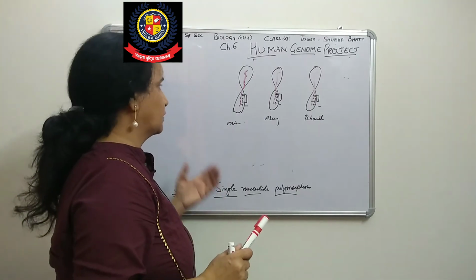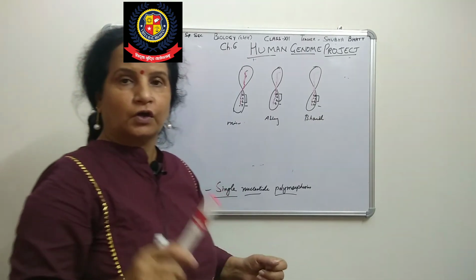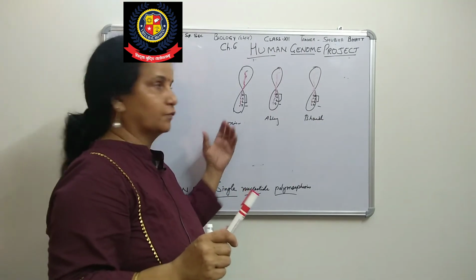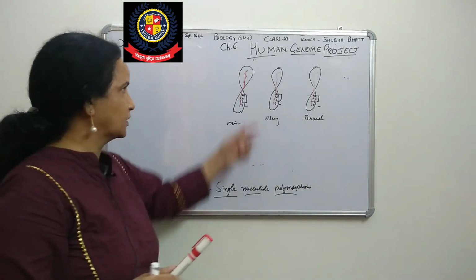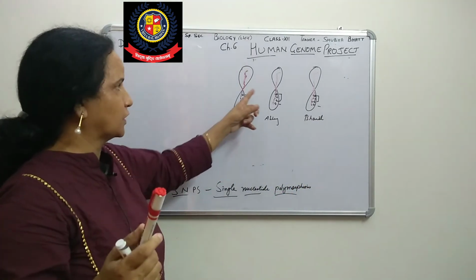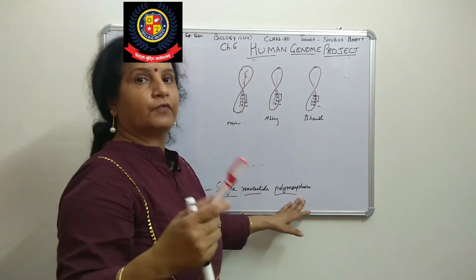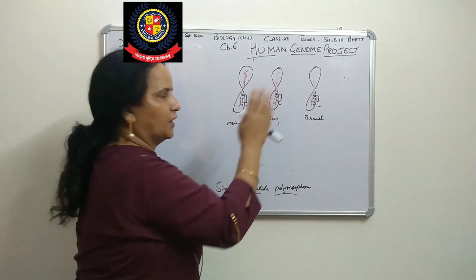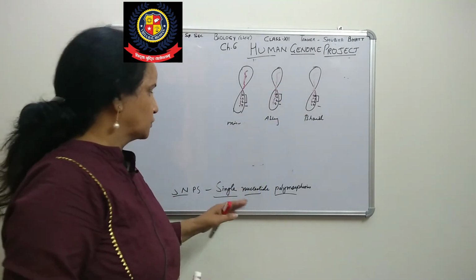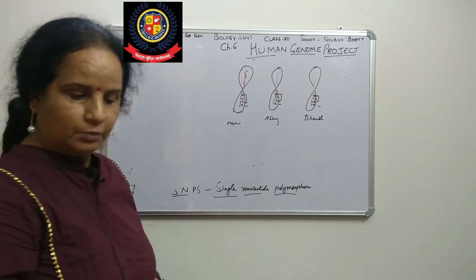One has T, another has G, the third has C. So these sequences are differentiated from each other, and that is called single nucleotide polymorphism. Because of this T, G, C, the morphology, the structure, changes. So this phenomenon is called single nucleotide polymorphism.